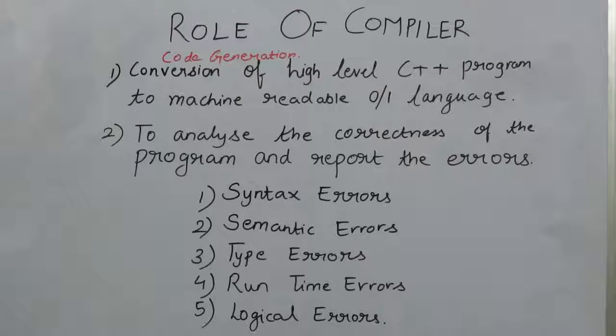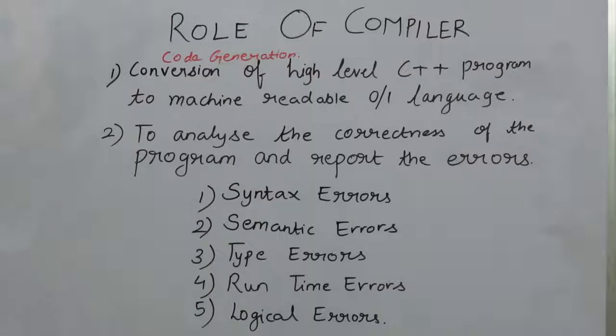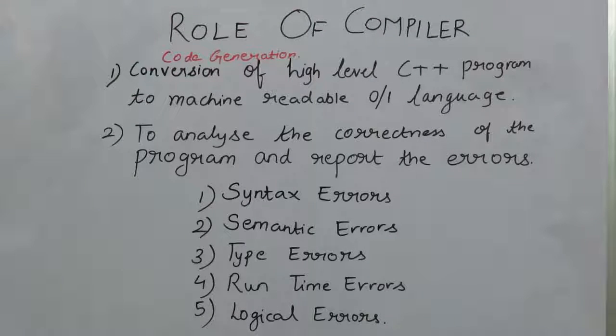The second task of compiler is to analyze the correctness of the program and report the errors. Analyze the correctness of the program means it will check if there is an error in the program, then it will report to us before running the program. When we press alt and F9 together, it compiles the program and shows a success message till now.